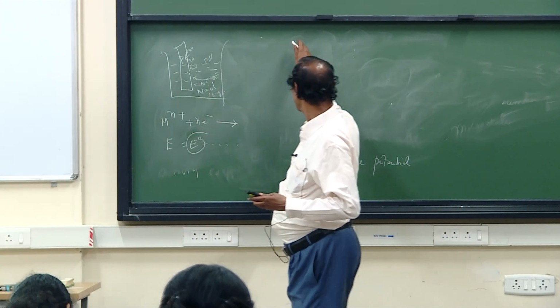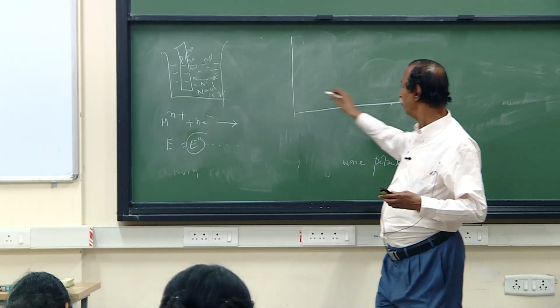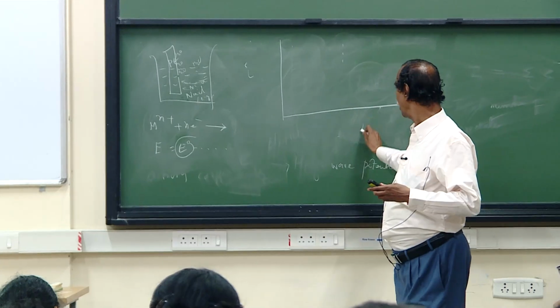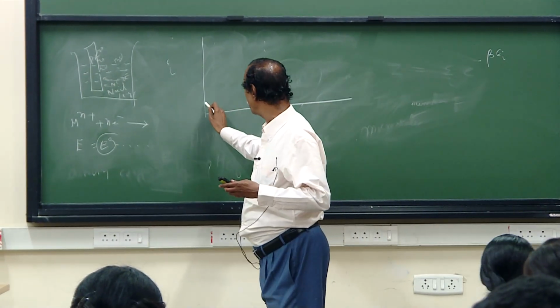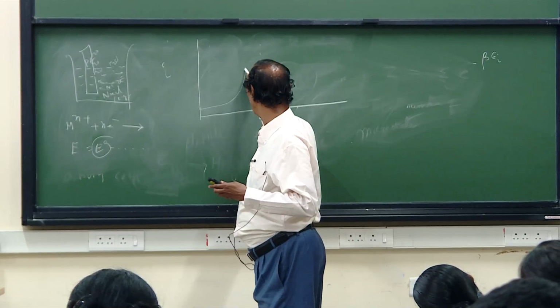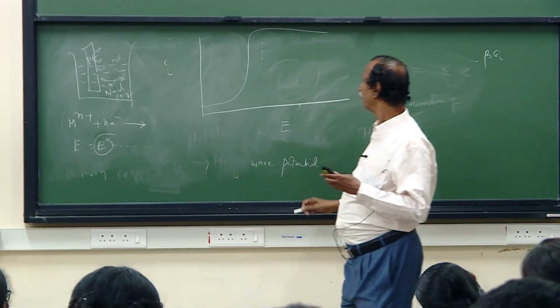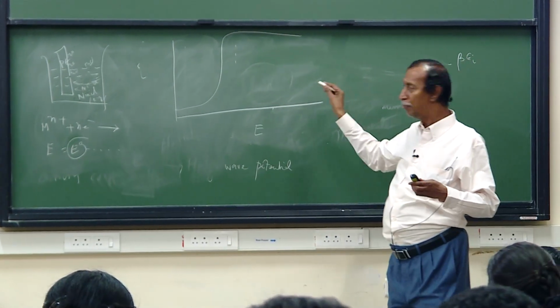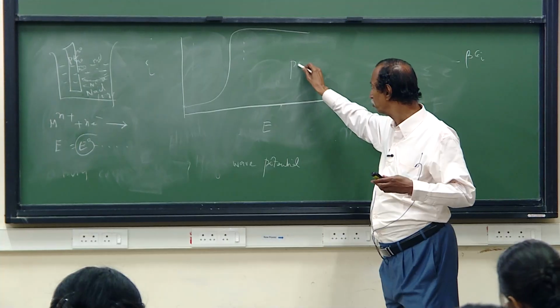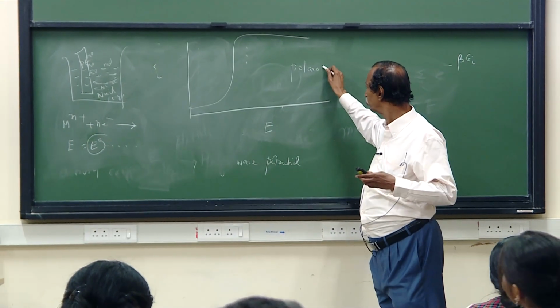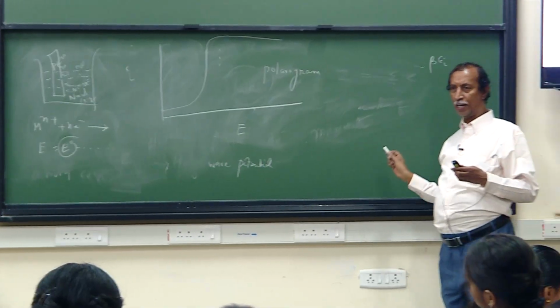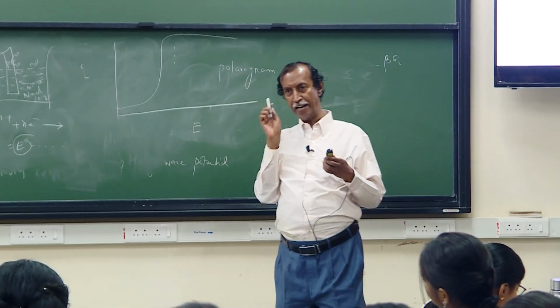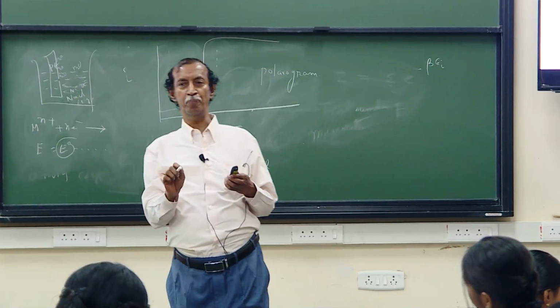Right. Suppose what he will do is, he will measure current here and the potential applied. Then it will go like this, approximately from here, it will go like this. This is called a polarogram. What is a polarogram? A plot between current and potential on a dropping mercury electrode.